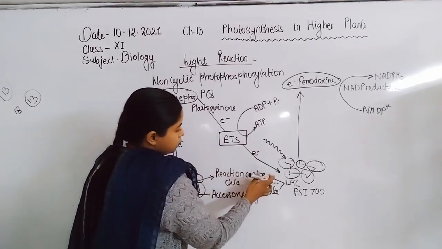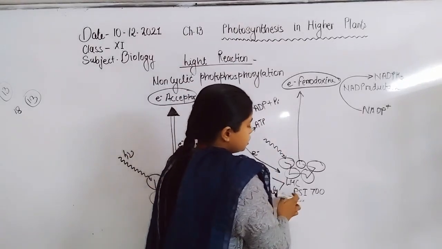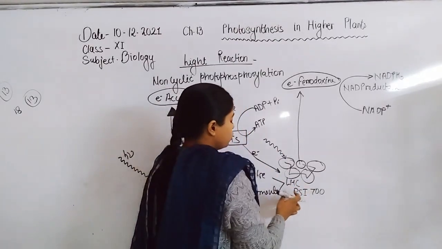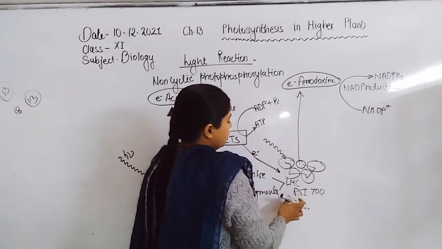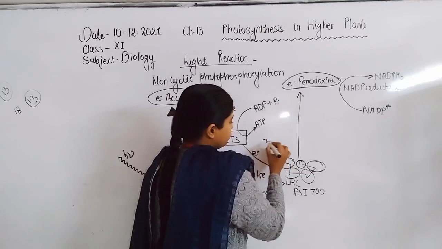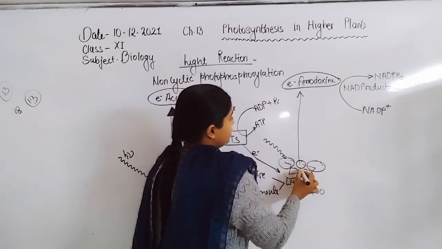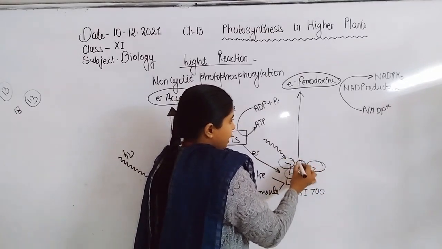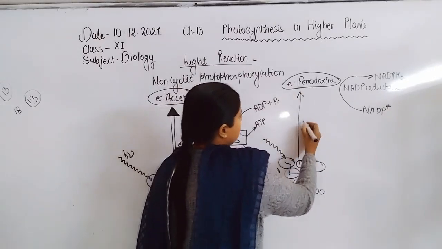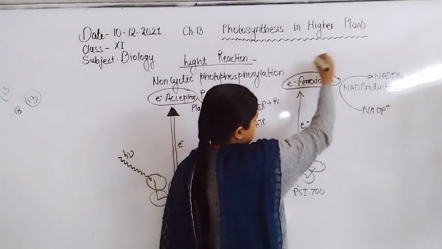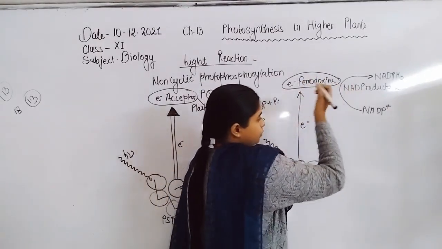Again, the electron is transferred in a downhill manner from the electron transport system to photosystem I, 700, which absorbs light of 700 nanometer. Through the photon, the electron again gets excited and jumps from its orbit in an uphill manner, which is accepted by the electron acceptor ferredoxin.